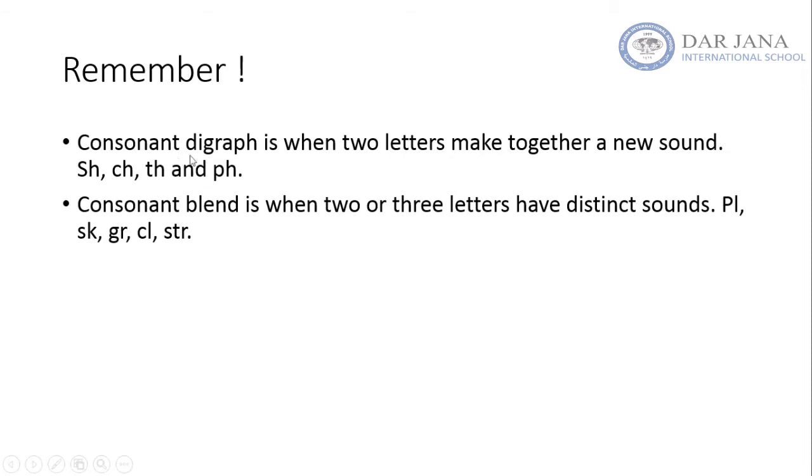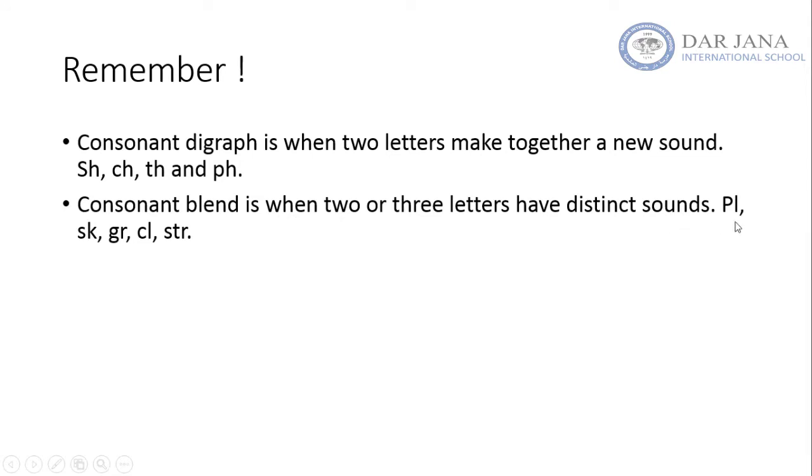Remember that a consonant digraph is when two letters make together a new sound, like sh, ch, th, and ph, like photo, think, child, shell. So consonant blend also is when two or three letters have distinct sounds.